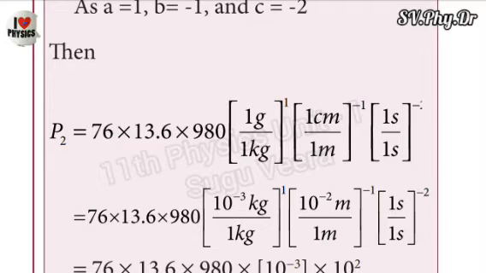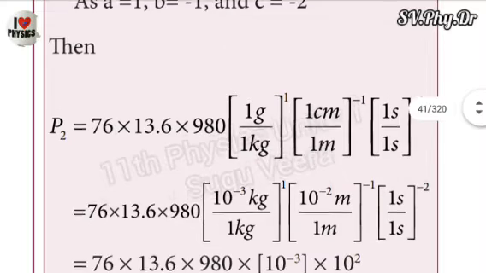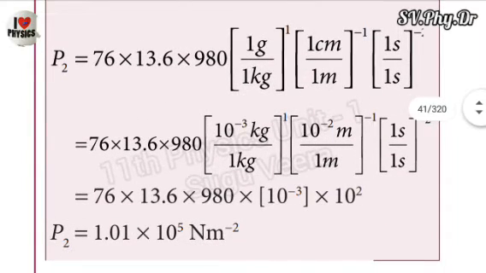So [1 g divided by 1 kg] power 1, that means a equals 1, into [1 centimeter divided by 1 meter] power minus 1, that means b equals minus 1, into [1 second divided by 1 second] power minus 2. That means time in the CGS system and SI system is the same value.